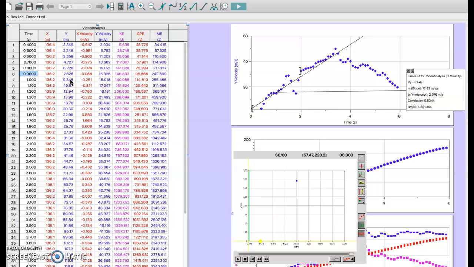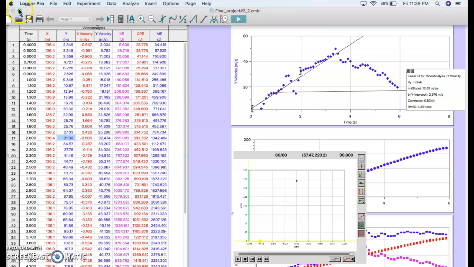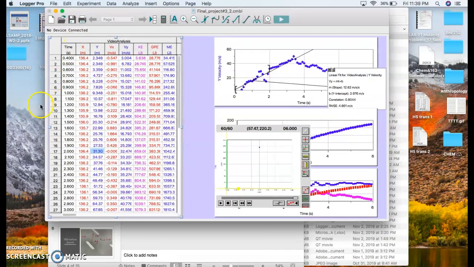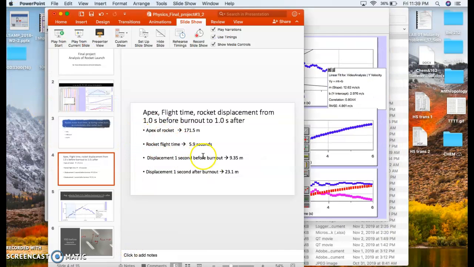And then to find 1 second after, what you would do is go to 2 seconds, which will give you 31.30 meters. And you subtract that from the 1 second value, and that's how we got this number over here. That's how we got 23.1 meters for displacement 1 second after burnout.